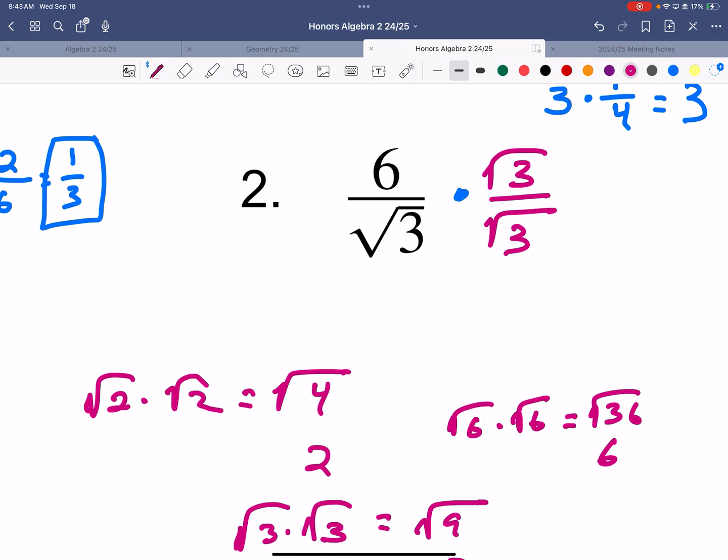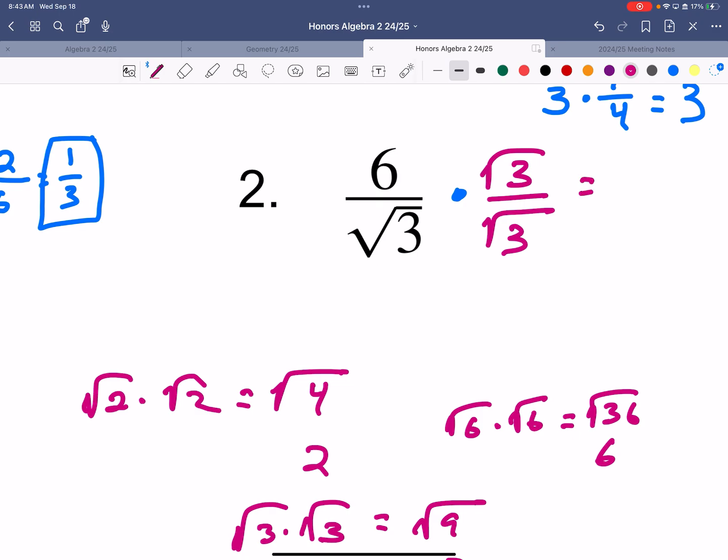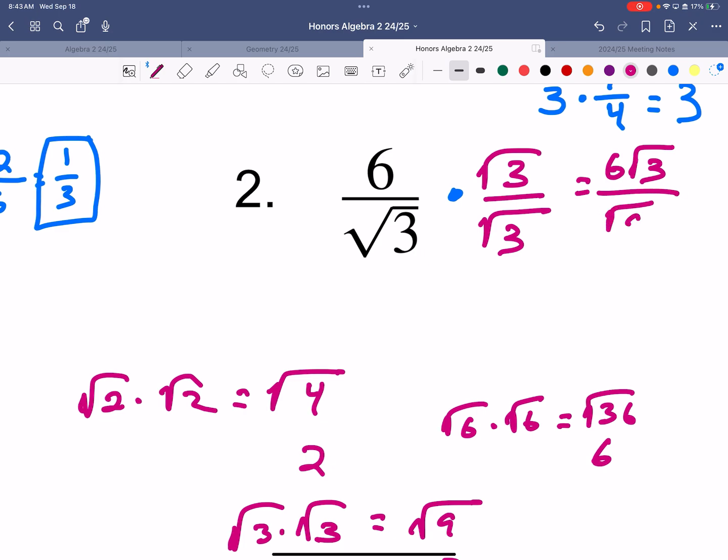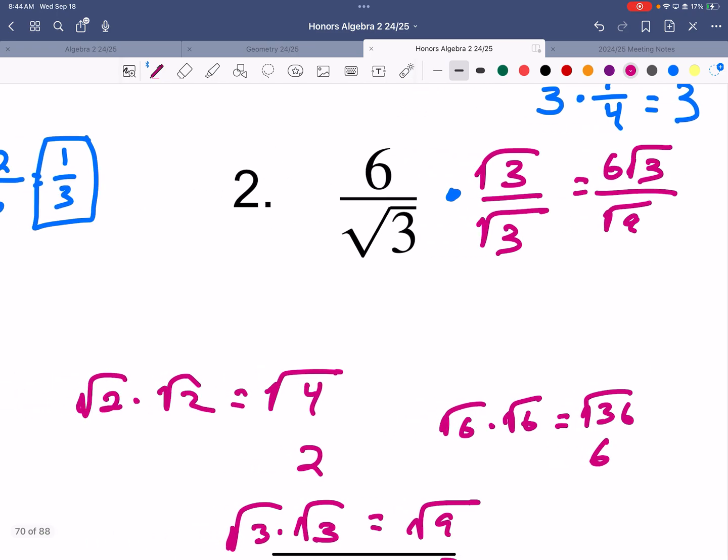So I'm still multiplying it by something that's equivalent to 1, just like 4 over 4 was 1. I'm not changing its value. When I multiply the top times the top, outside by outside, inside by inside, radical 3 times radical 3 down there we just said was radical 9. So this goes to be 6 radical 3 over 3.